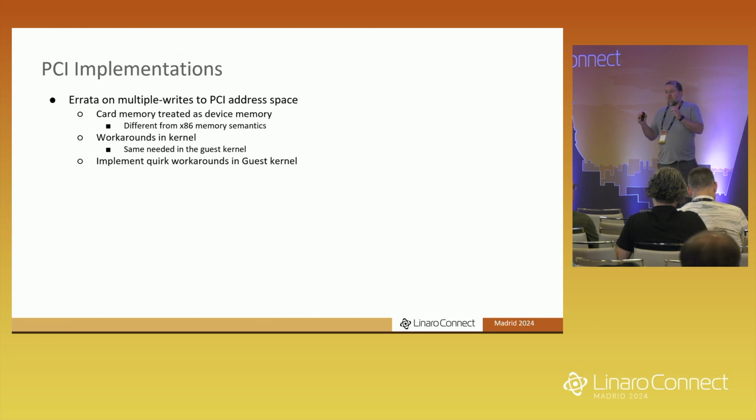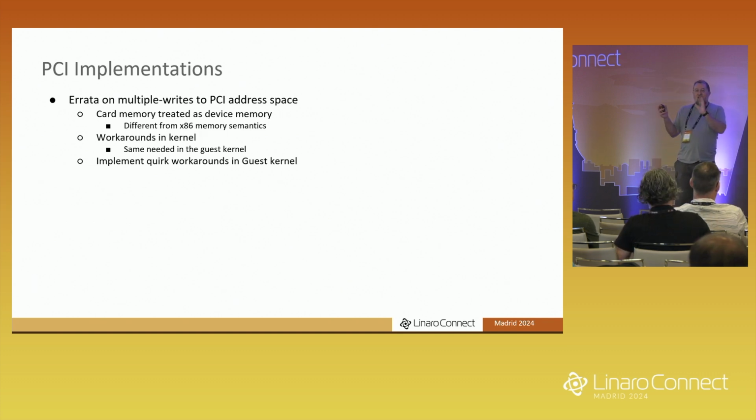Technically on ARM, we're dealing with device memory non-cacheable. And we've also run into problems with write combining into that memory. Write combining obviously happens quite frequently when you're writing large amounts of data into the PCI space. And you need workarounds, quirk handling in the host kernel to trap when that data is unaligned and then to fix it up. Unfortunately, that means you also need the same workarounds in the guest to make sure that the guest can deal with that when it encounters that problem.